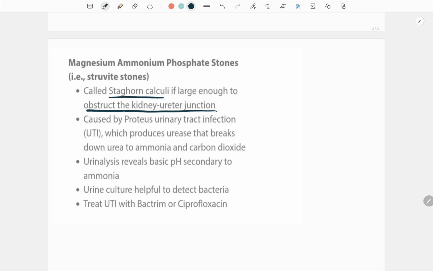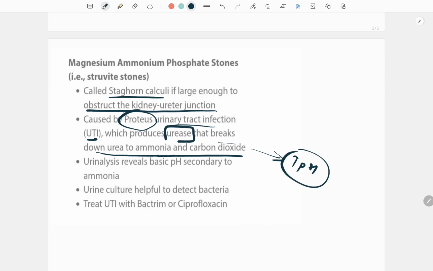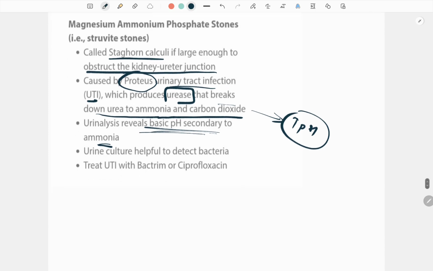It is caused by urease-producing urinary tract infection, which is the most common cause, which produces urease that breaks down the urea to ammonia and carbon dioxide, and then it can eventually lead to increased pH. The urinalysis reveals basic pH secondary to ammonia, and you might be confused about how this happens.